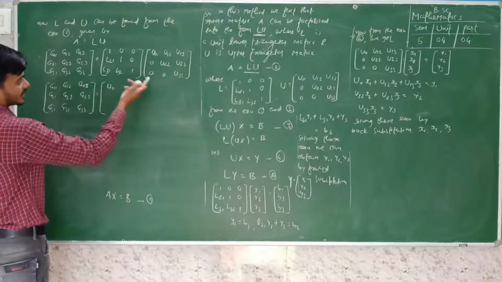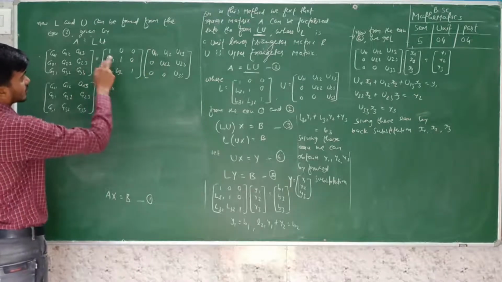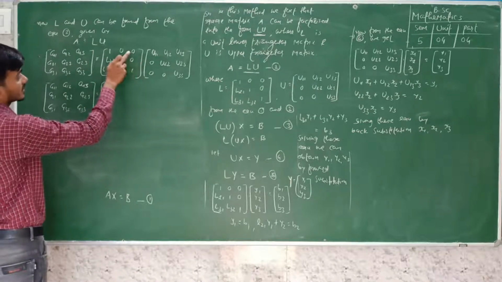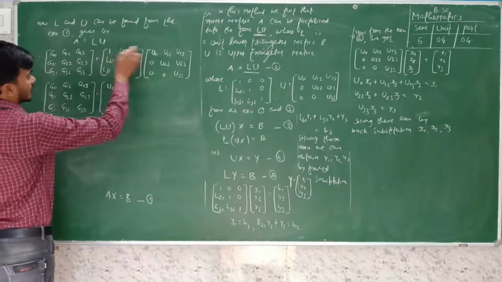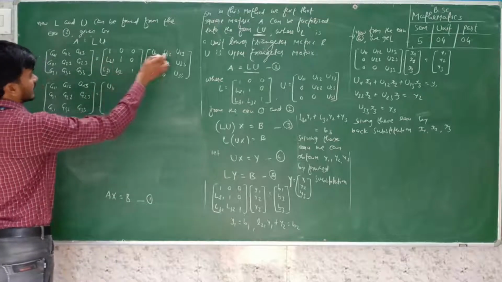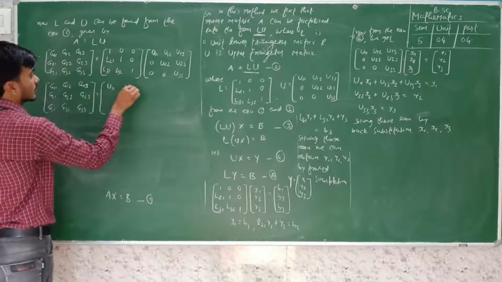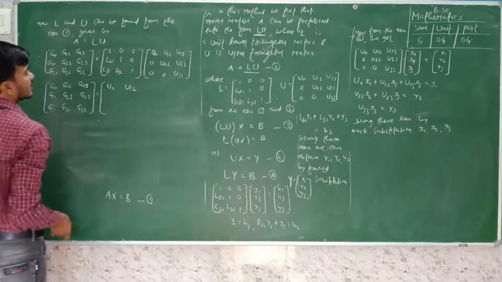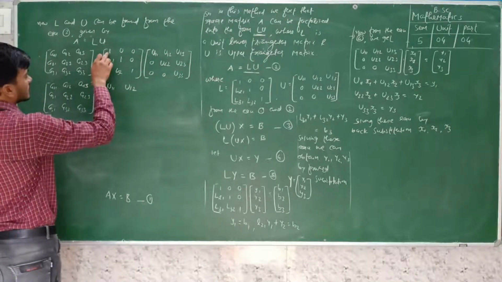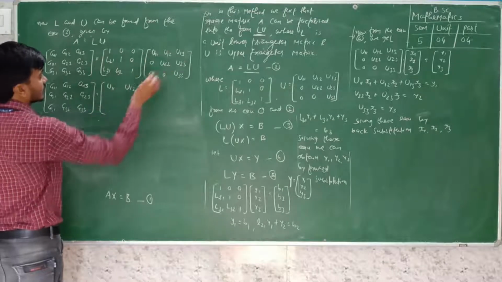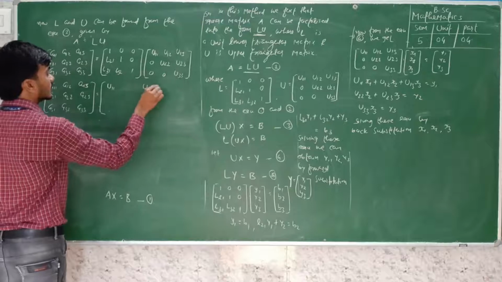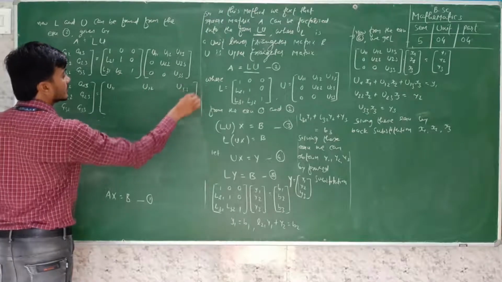First row and first column: 1 into U11, that means U11, plus 0 into 0 plus 0 into 0. First row and second column: 1 into U12. First row and third column: the other elements are 0, and 1 into U13, that means U13.